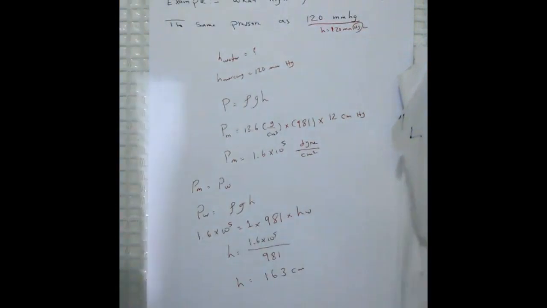Then the answer will be h. If you divide this over this, it will be 1.6 times 10 to power 5 over 981. H will be equal to 163 centimeter. 163 centimeter. And this is the end of this example.